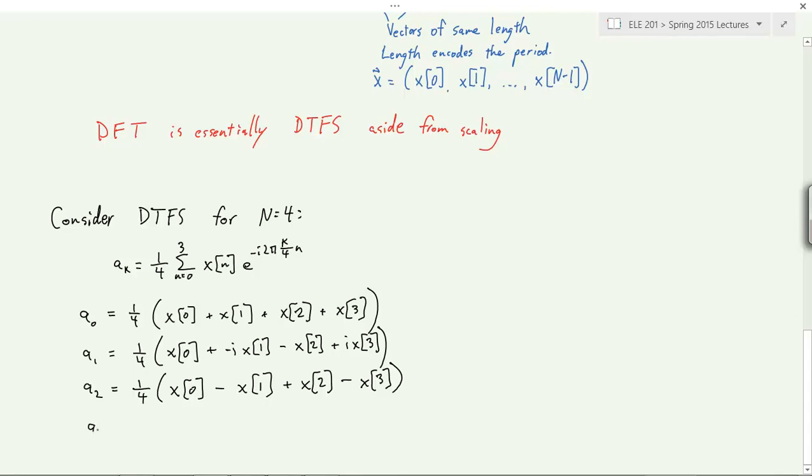Right, nice. And this one just becomes plus I x1 minus x2 minus I x3. All right, so that's how we would calculate them explicitly.